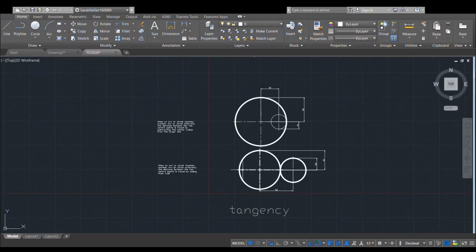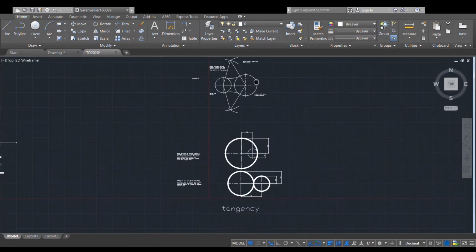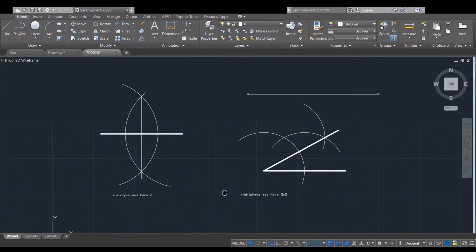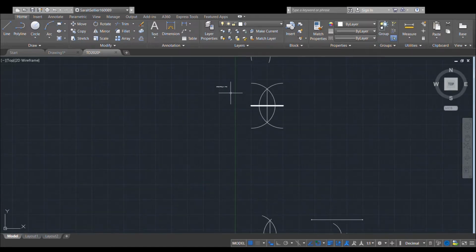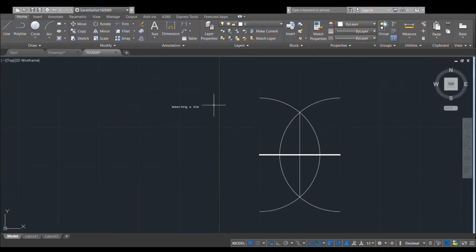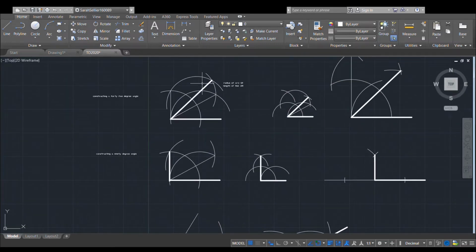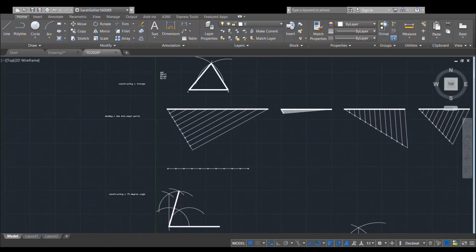We won't be focusing on tangency because that's not going to come in the exams, but we are going to look at bisecting a line, constructing angles 60, 30, 90, 45, 75.